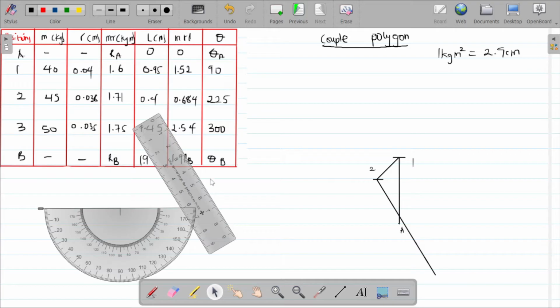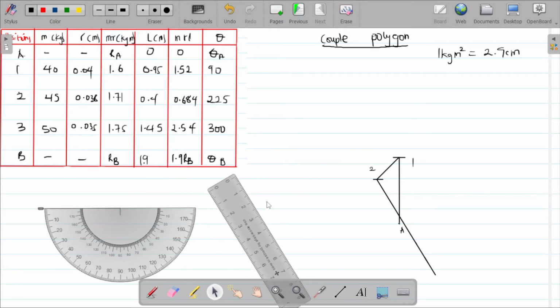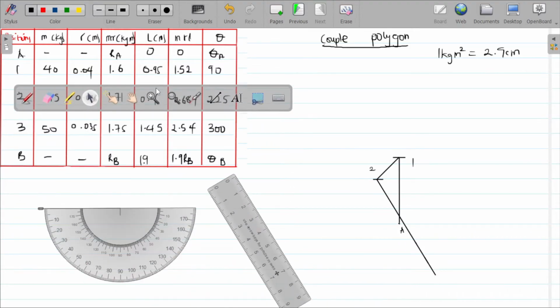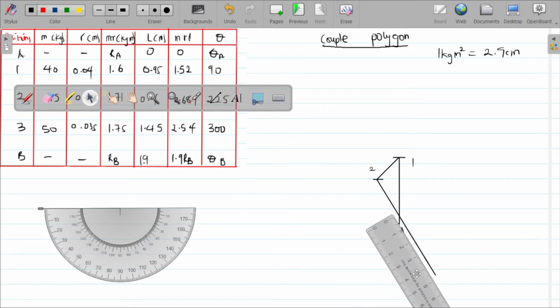Okay, so the last one should make a balance, which is the RB. So what closes this polygon is what will make the force balanced. So let's see the moment balanced. So that's that.